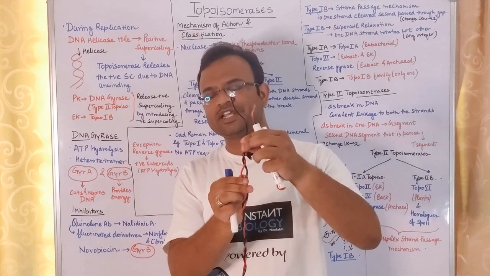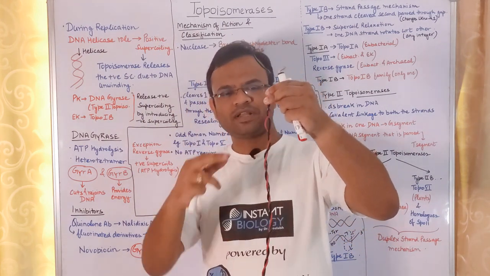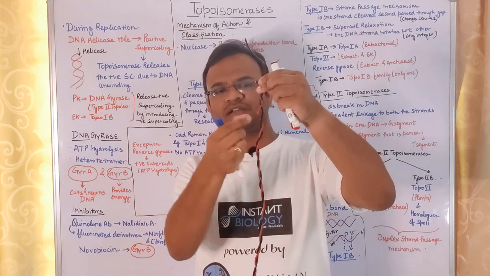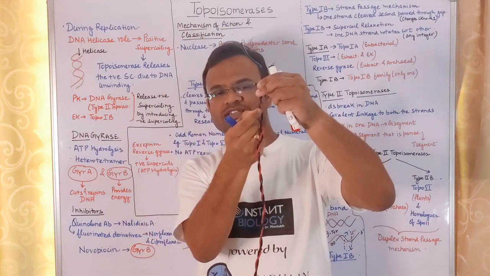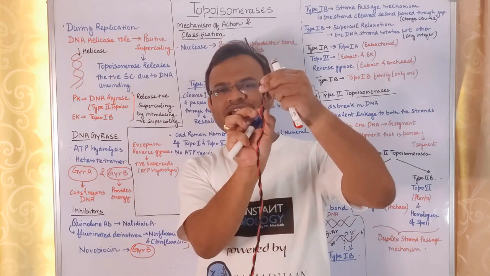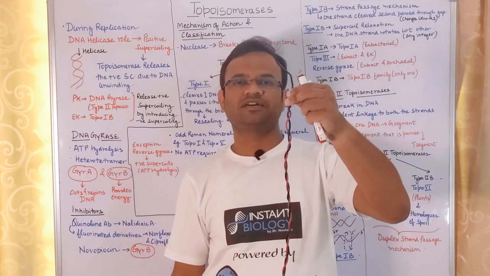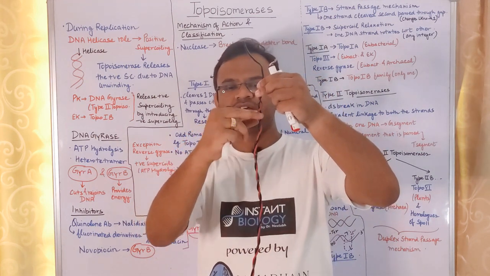Suppose it is topoisomerase 1. Then what will happen? One of the strands will be cut. Suppose this strand is cut. And after cutting, the strand that is uncut is passed over the strand that is cut. Suppose I make a cut over here in the red one.